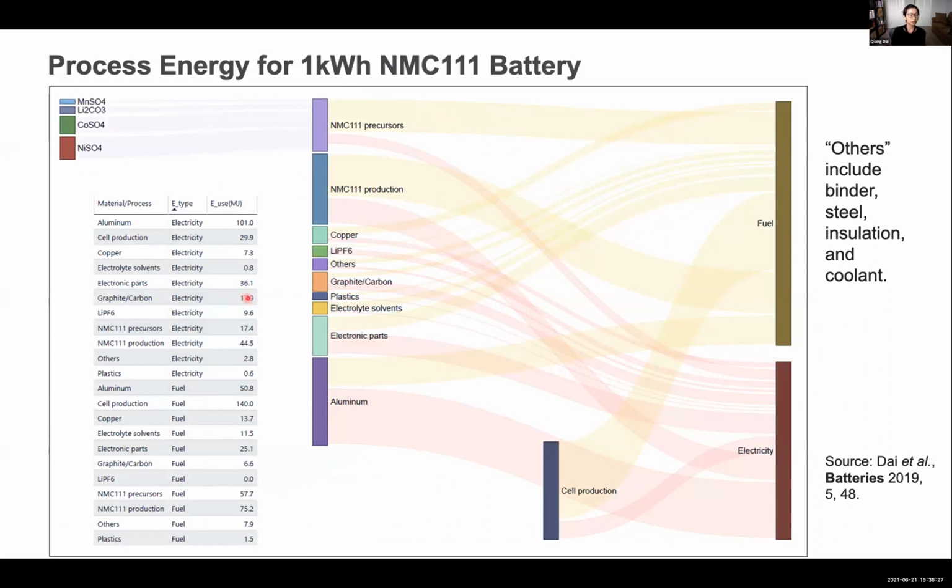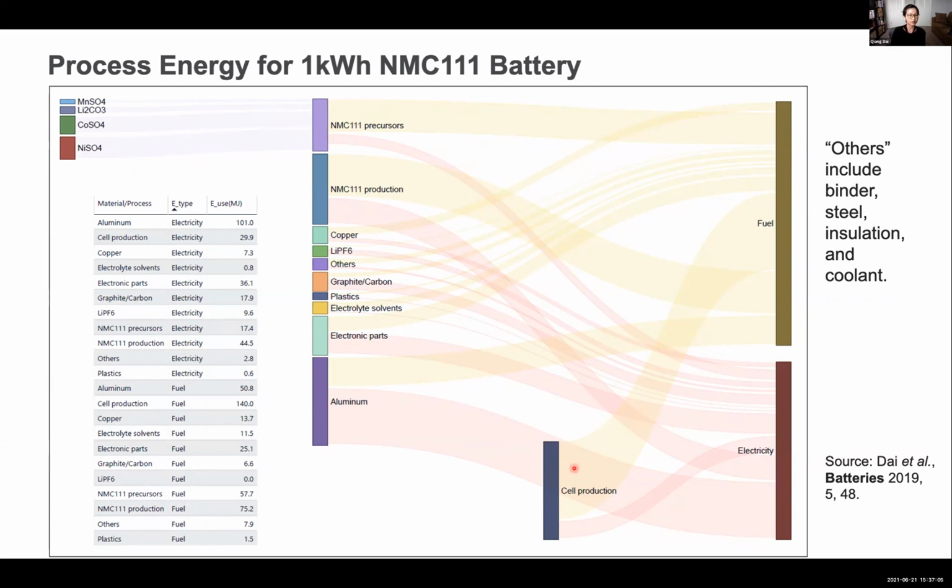This Sankey diagram shows the process energy requirement to produce 1 kilowatt hour of battery. From the left to the right, we have upstream material production, and these are materials in the cathode powder. In the middle, we have different materials in the battery. And in the right bottom corner, we have energy requirement for cell production.